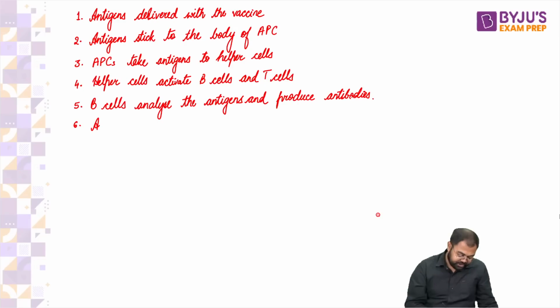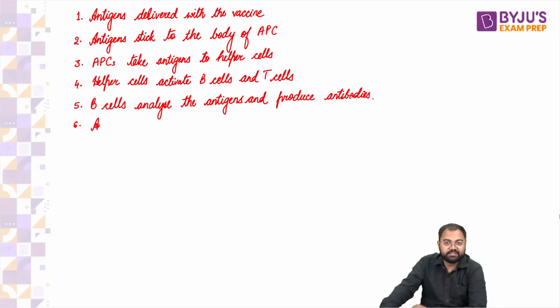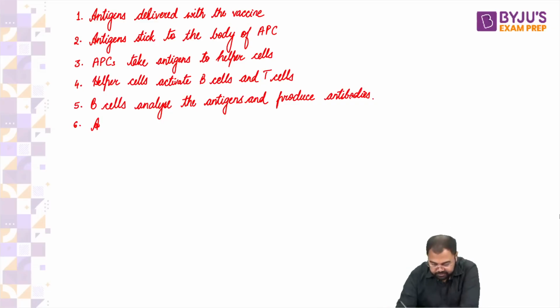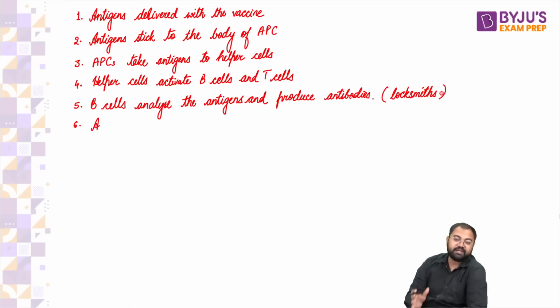All right, so this is basically the next thing that we see, that the antibodies are produced on the basis of the kind of antigen that you have. So depending on the kind of antigen, accordingly the antibody, just as I said that B cells are like the locksmiths, and they'll basically produce antibodies according to the antigen.